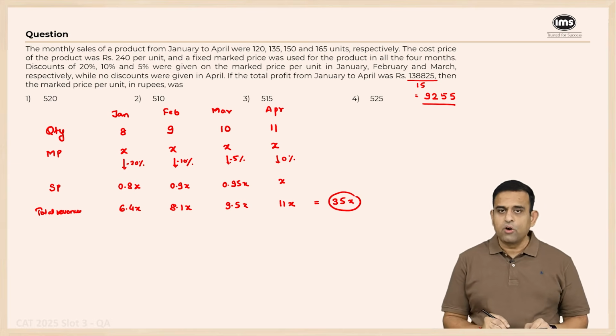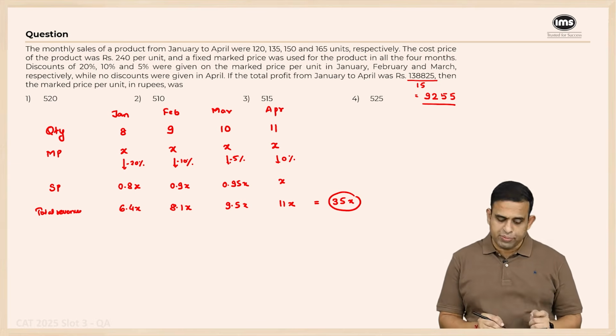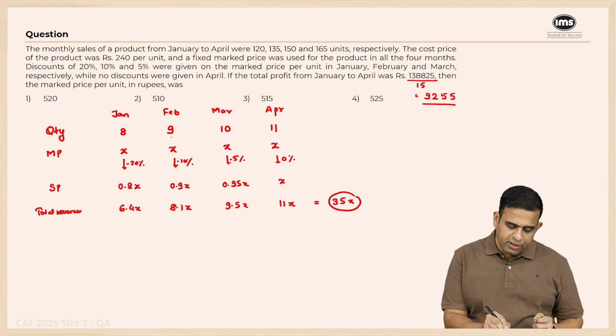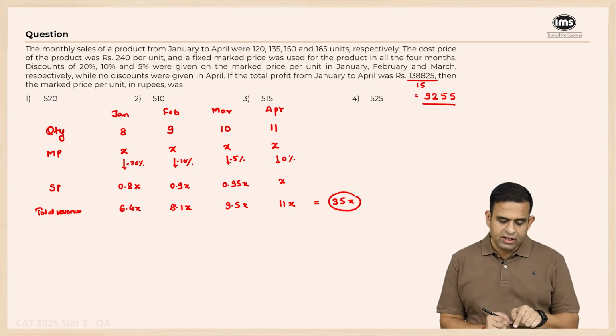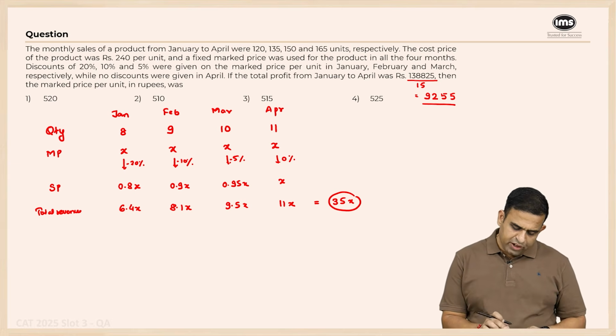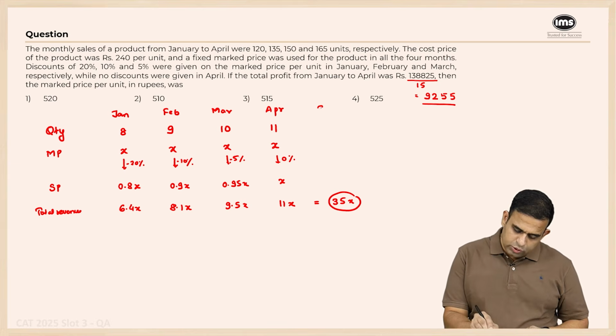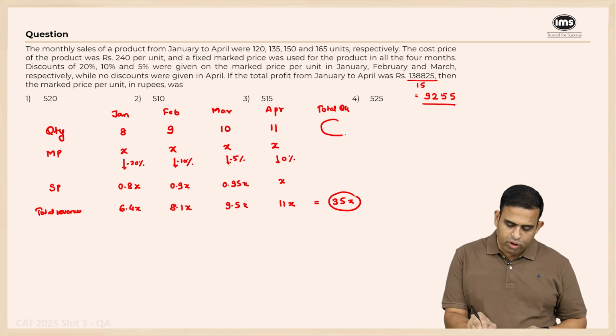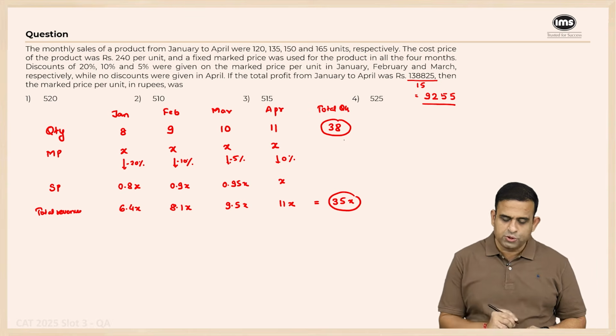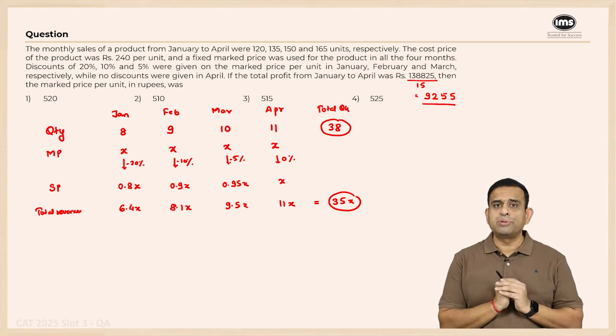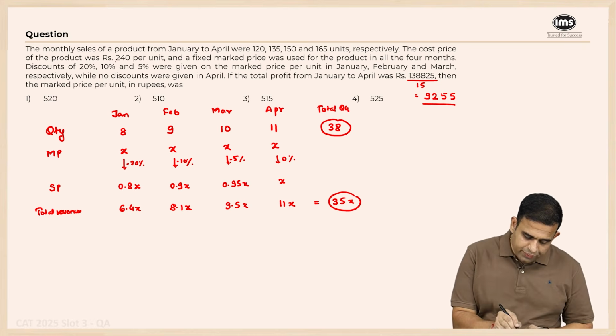What about the total cost price? If I look at total units sold, 8 plus 9 plus 10 plus 11, this will become equal to 38. So total quantity for the 4 months put together becomes 38, and the cost price per unit was equal to 240.